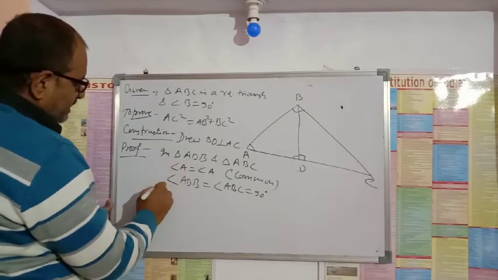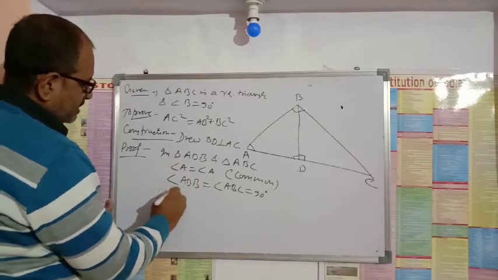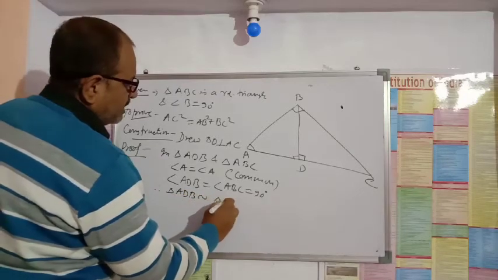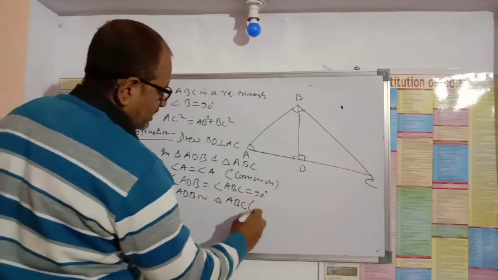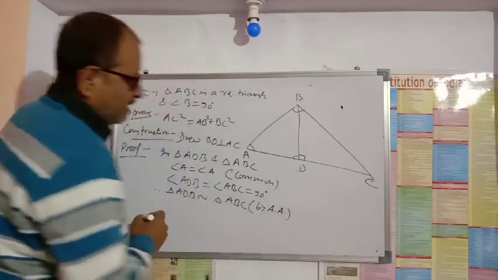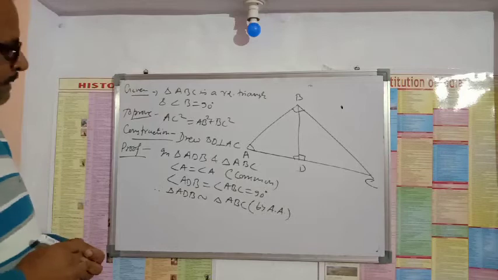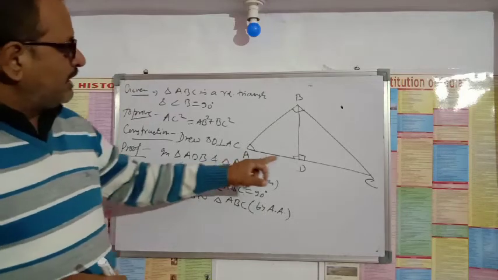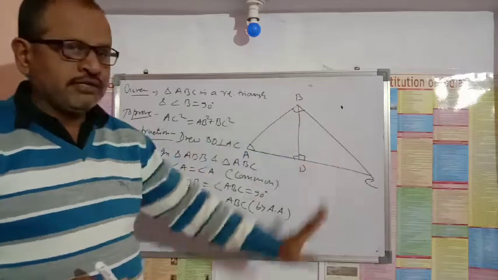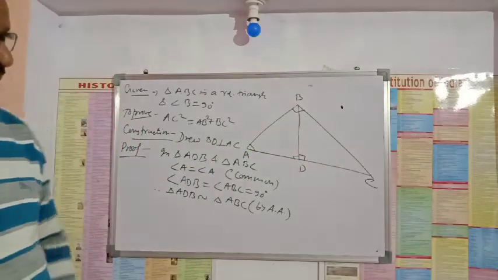Therefore we can write triangle ADB is similar to triangle ABC by the angle criteria of similarity. ADB and ABC, both triangles are similar.